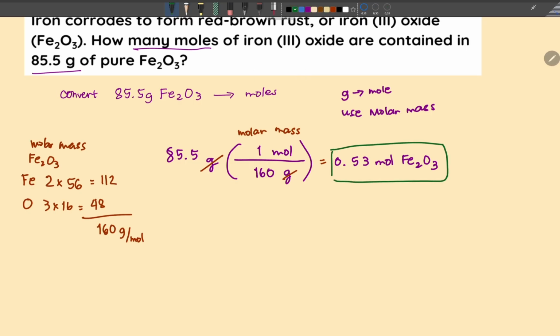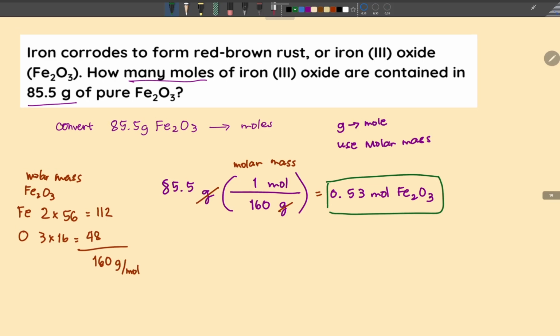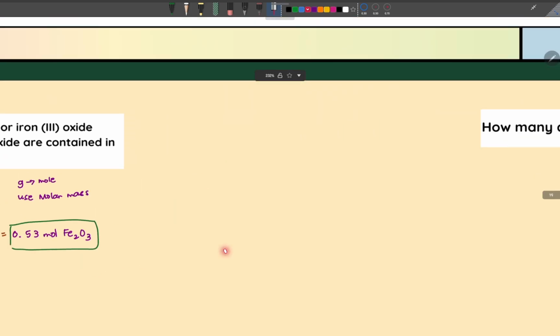That will be the answer. In this case, you're just converting grams to mole, so you will be using molar mass. The unit gram is in the denominator so that you can cancel this. You're left with mole. Okay, so let's have another example.